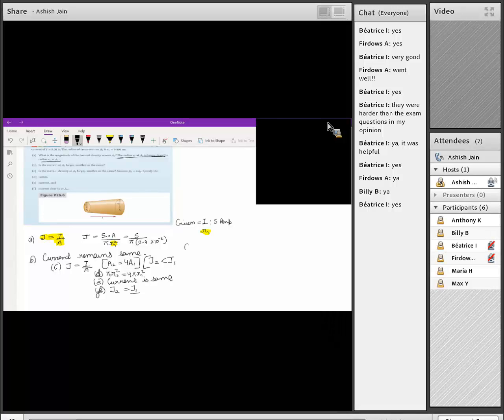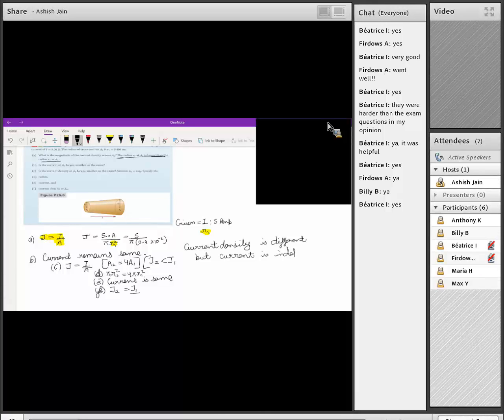Is the current at A2 larger, smaller, or the same? The thing is, current remains the same. Current density is different because that is dependent on per unit area, but current is the same.